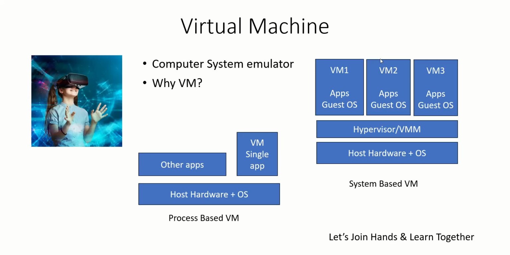This type is designed for running a single process, meaning a single type of application. It is basically designed to create an environment to run platform independent languages or applications. To run and execute those, we need this type of virtual machine. The Java virtual machine is this type, a process based virtual machine.